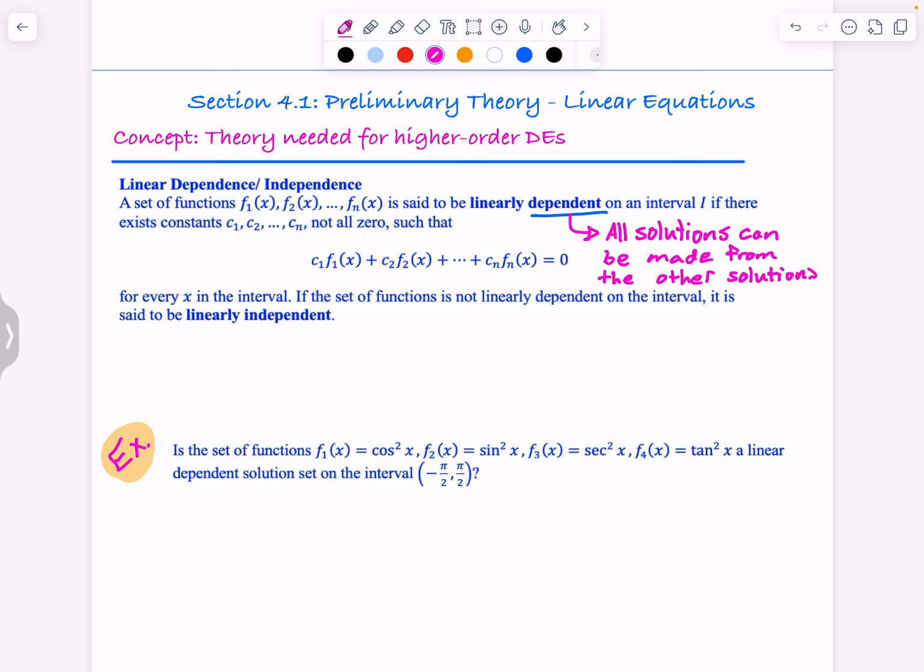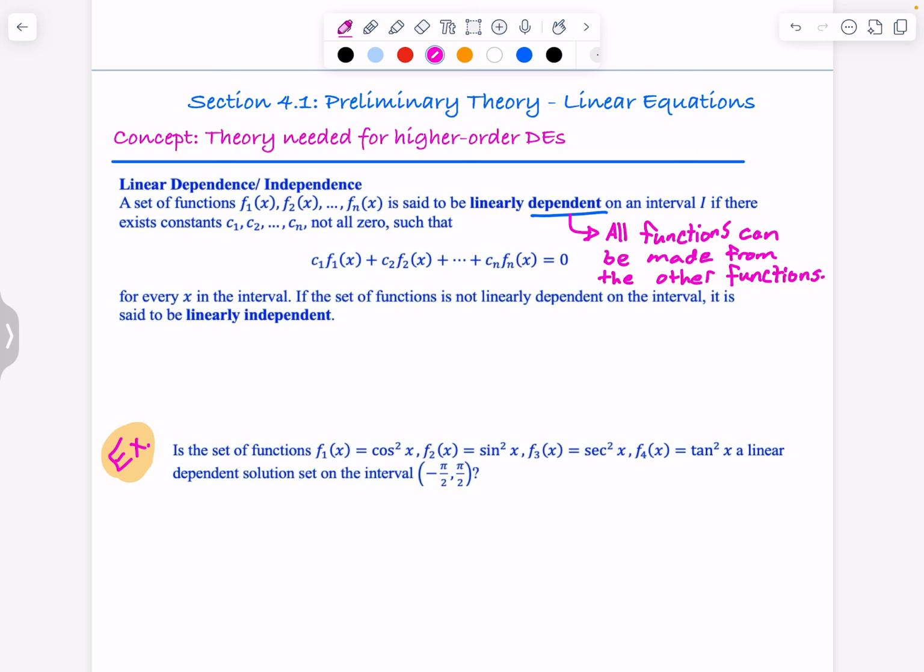That's a roundabout way of saying it. Maybe not solutions here, because we haven't talked about solutions, they just said functions. So all functions can be made from the other functions. If they gave me a set of functions, then I know they are linear dependent if they can be made by the other functions, meaning constant multiples to get the other.